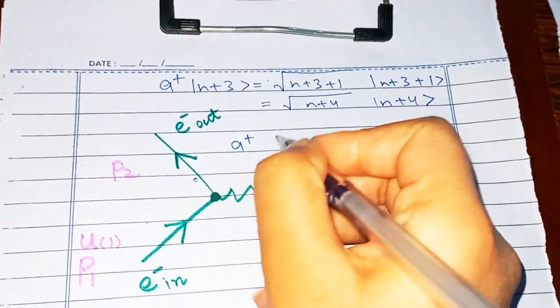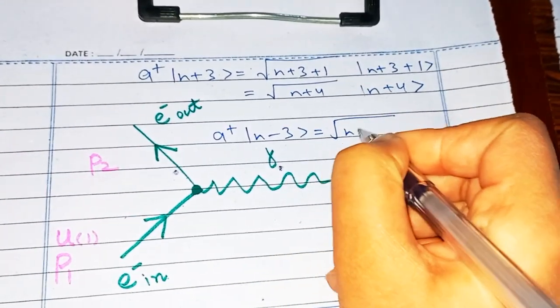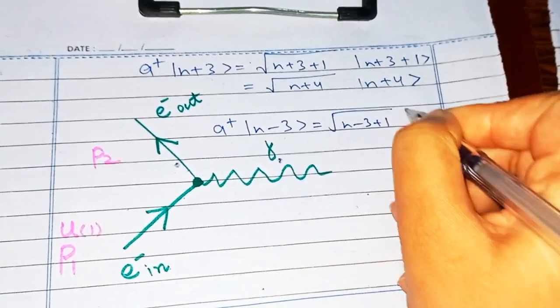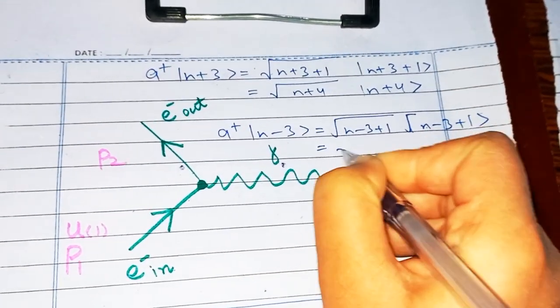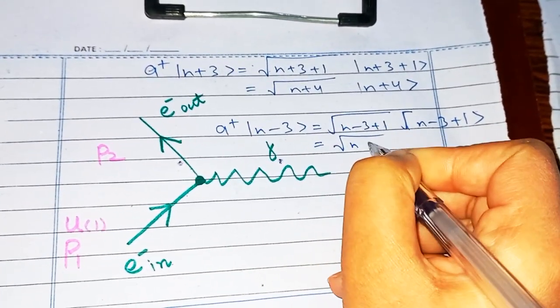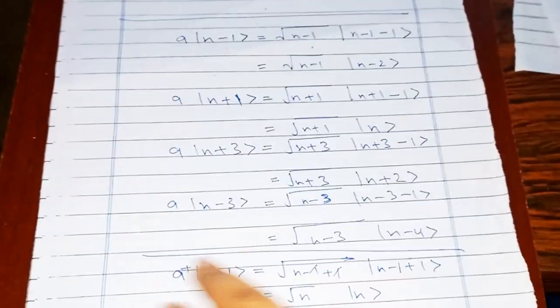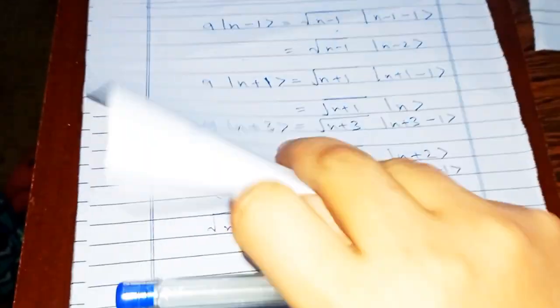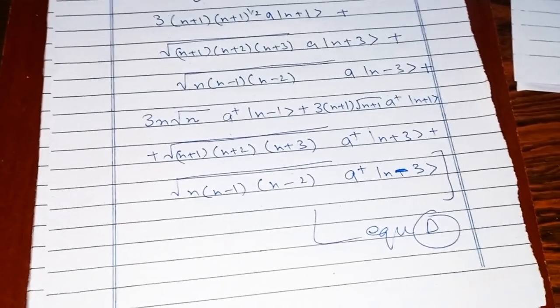Last is the raising operator applied on n minus 3, so it's under root n minus 3 plus 1, ket n minus 3 plus 1. So n minus 3 plus 1 is minus 2, n minus 2 ket. Let's put all these values right back into expression D. Let's solve and simplify them and see what we are going to get.